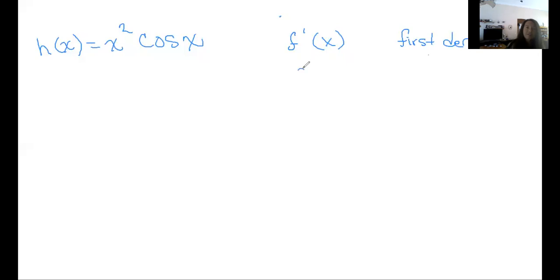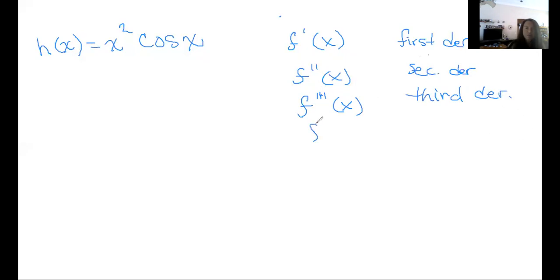Or they'll say f double prime of x. That's going to be your second derivative. And then there'll be three little notches like that for the third derivative. And then after that, they just write the number, like take the fourth derivative. But there are also other ways to write these. You might see y prime, y double prime, just y double prime is how they'll write it.